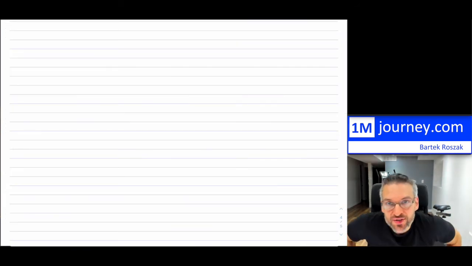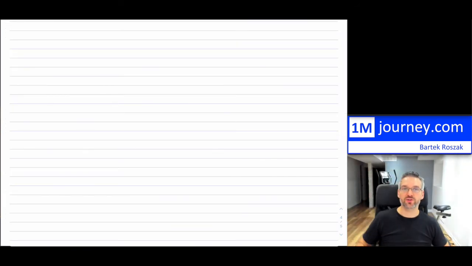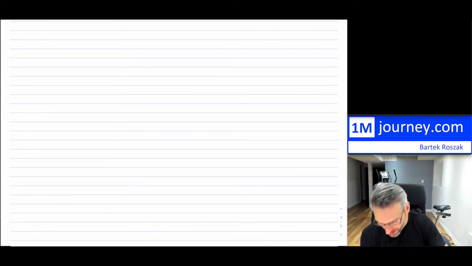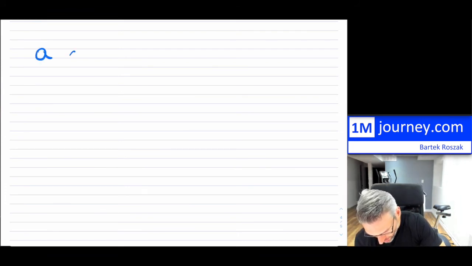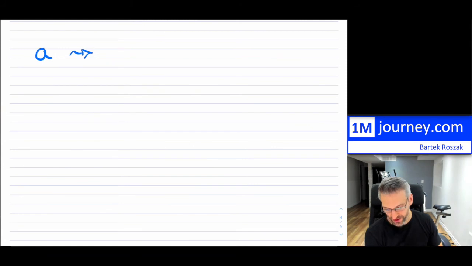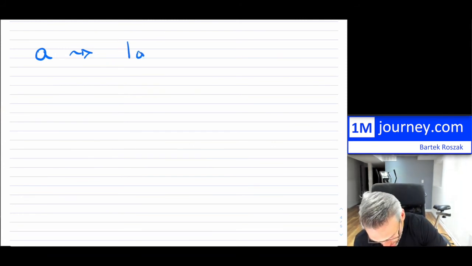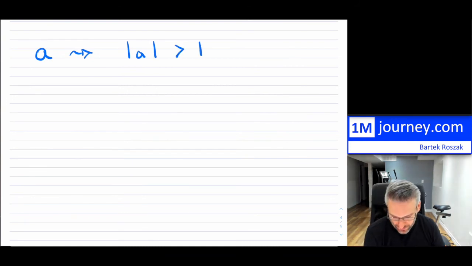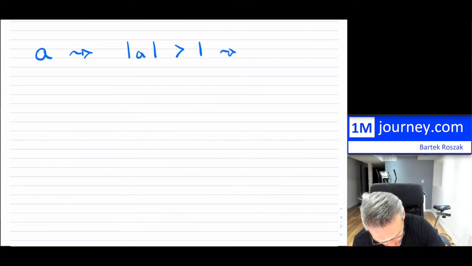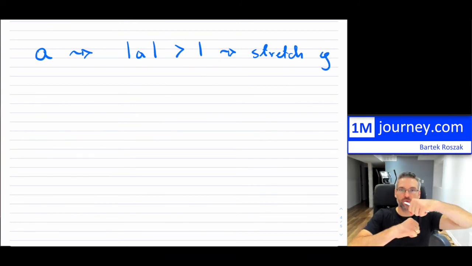Before I end this with the 2 examples that you have seen, I do want to remind you, with the a, just so maybe you can have it as a reference, so that you know what is happening. If the absolute value of a is greater than 1, then this results in the stretching in the y.